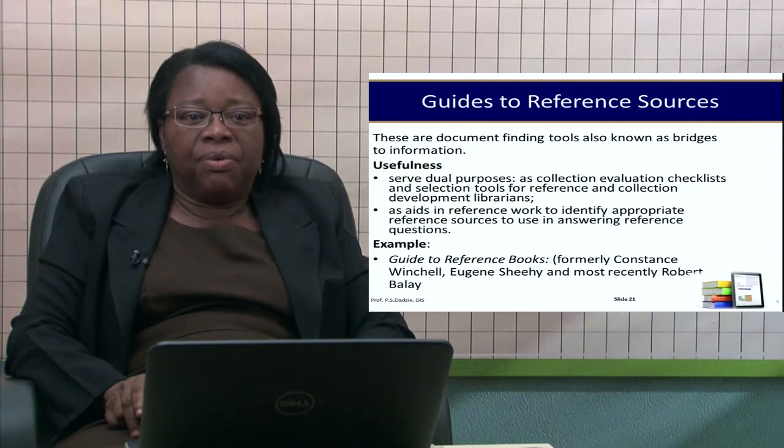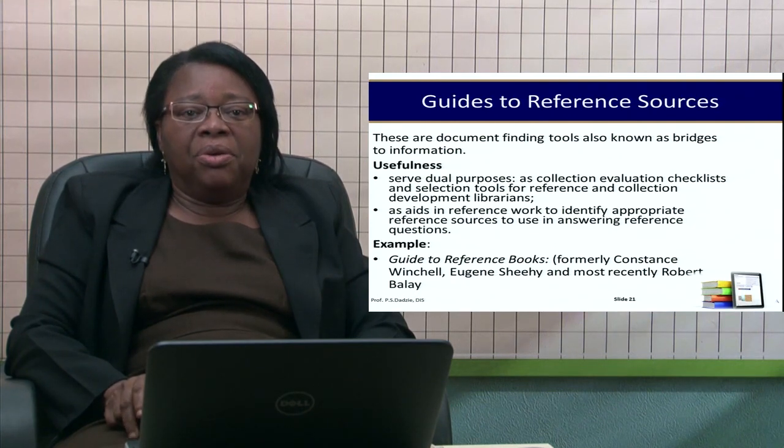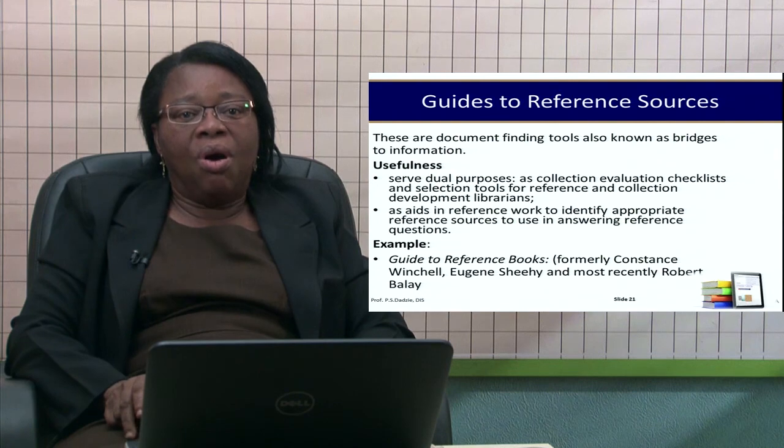They are very useful because they serve dual purposes as collection evaluation checklists and also selection tools for reference and collection development librarians. So if you need to do your selection and evaluation of materials, you do not need to go through the long way of looking at who the author is and what the arrangements in the materials are.